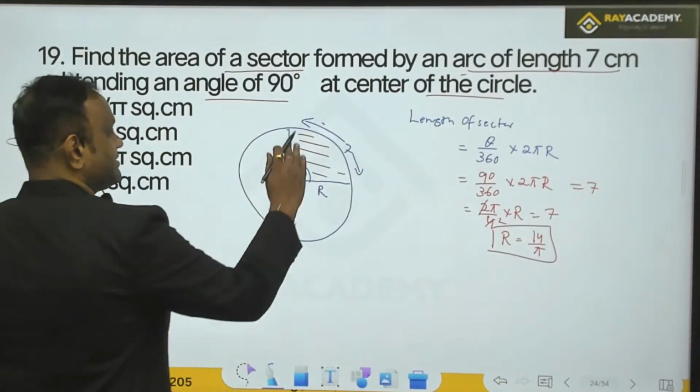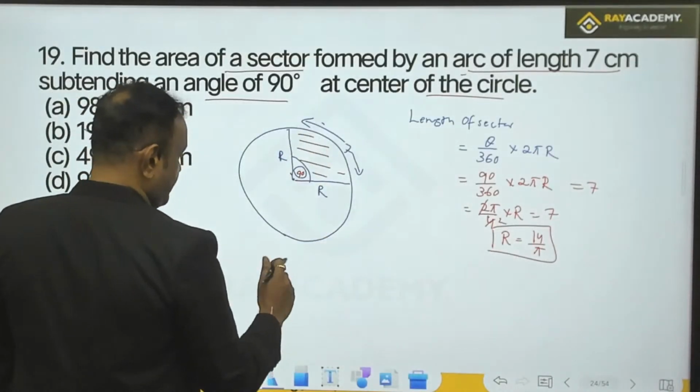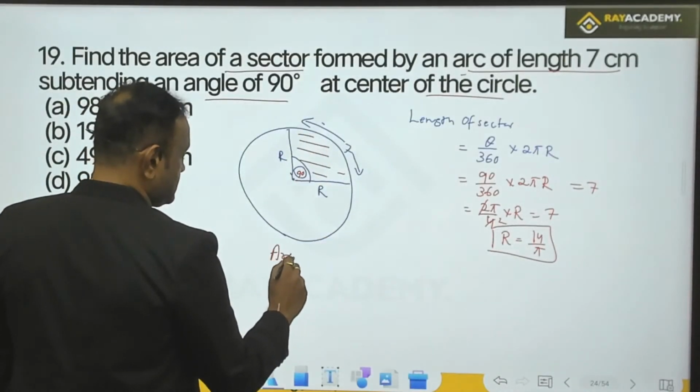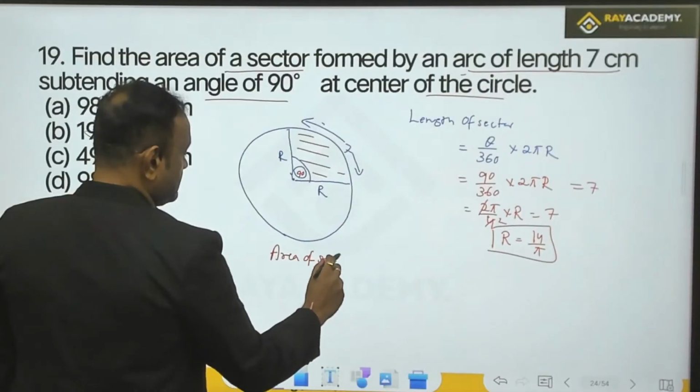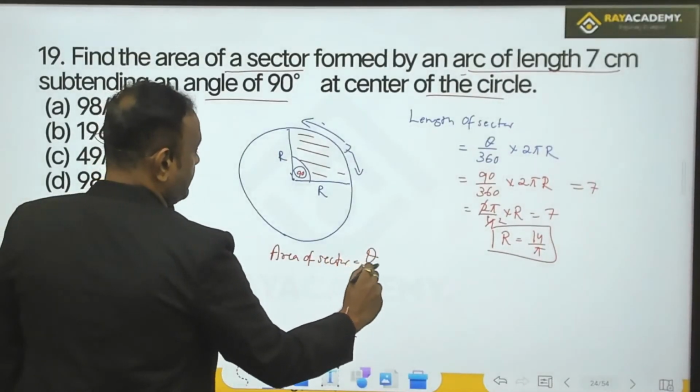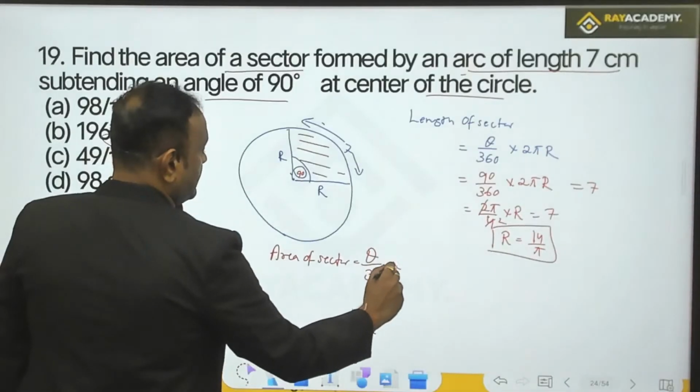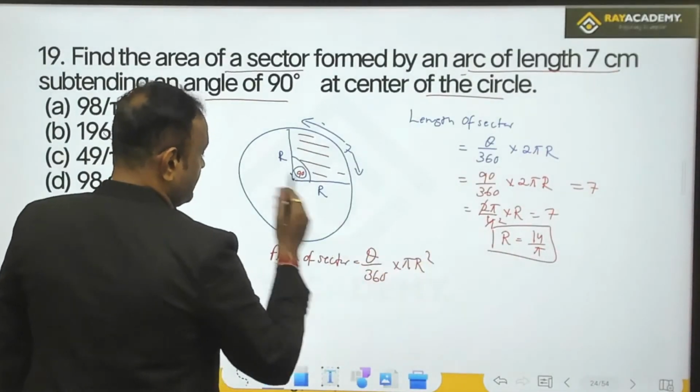Now they are asking what is the area of the sector. What was the formula for area of sector? Area of sector is theta by 360 multiplied with the area of the whole circle, pi r square.